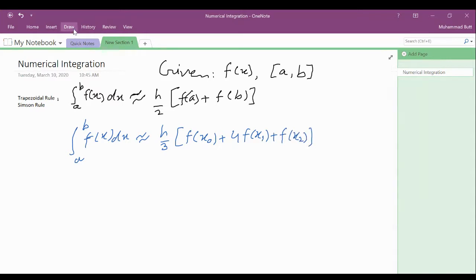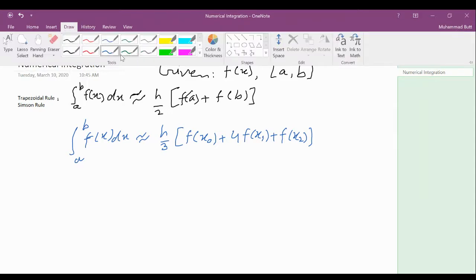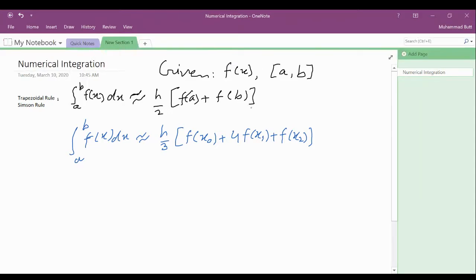I will explain what I mean by this a little so that you have understanding. Here for the trapezoidal rule h was b minus a, but for Simpson h is b minus a over 2. In principle, a is over x naught, and for the trapezoidal rule b is over x1.